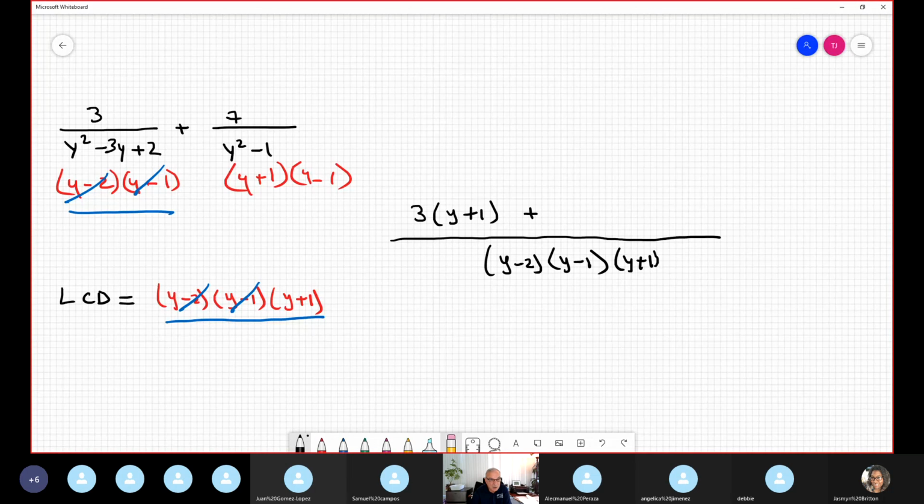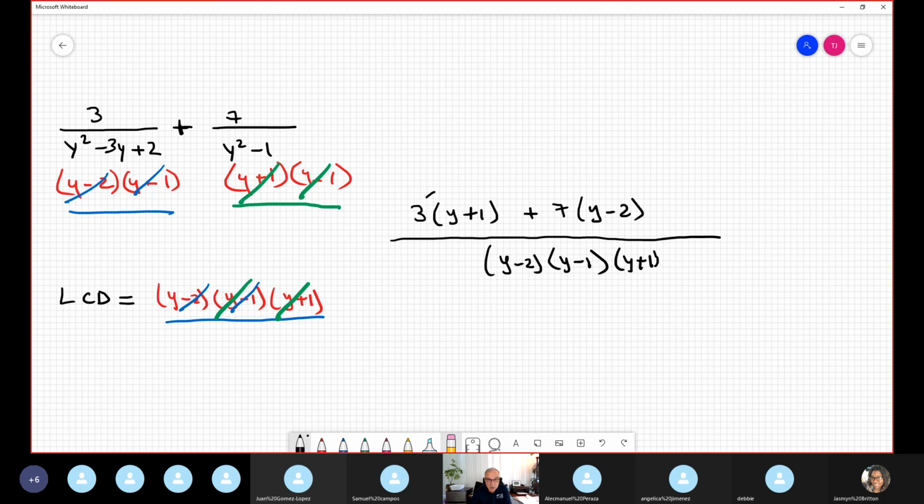Plus, because it's an addition problem, plus 7 times something. When you divide the LCD by denominator 2, y plus 1 is cancelled, and y minus 1 is cancelled, and only y minus 2 stays. Y minus 2, of course, times 7.